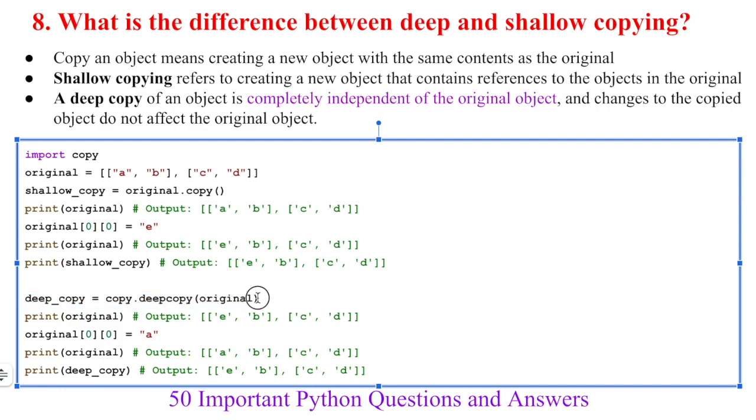When a value in one of the sublists is changed in the deep copy, it does not affect the original list because the deep copy contains its own copy of the sublists. So this is the advantage of the deep copy. It saves the original copy and there is no effect on the original copy even if changes occur in the deep copy.